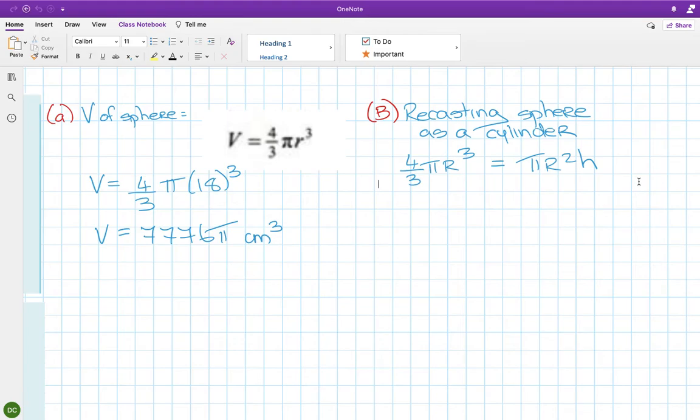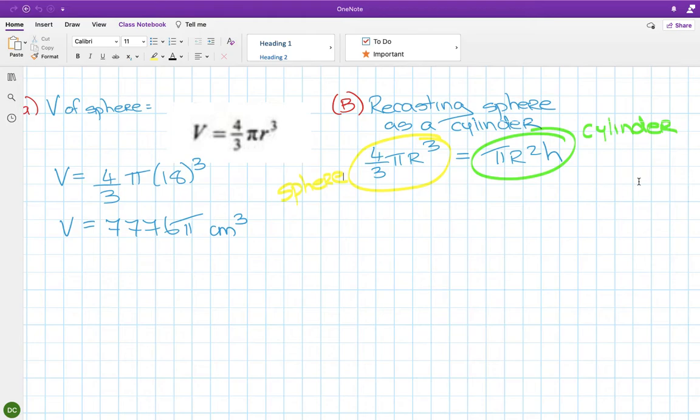So whatever metal was in the sphere is going to be recast now in the shape of a cylinder. No metal is lost, so the volume of the sphere is equal to the volume of the cylinder. Now this I've already done. It's here, so you don't need to do it again.